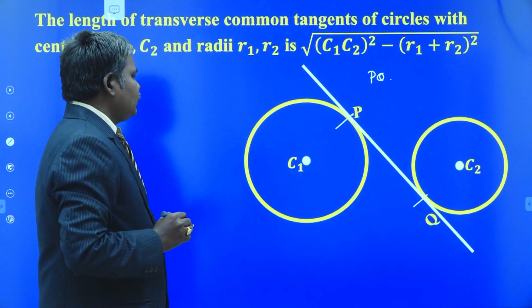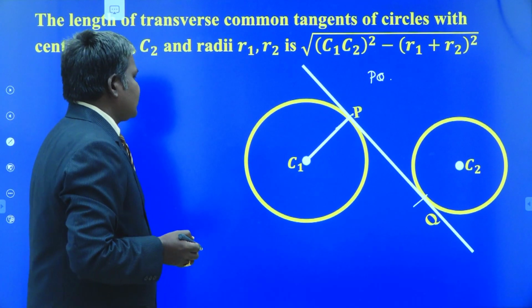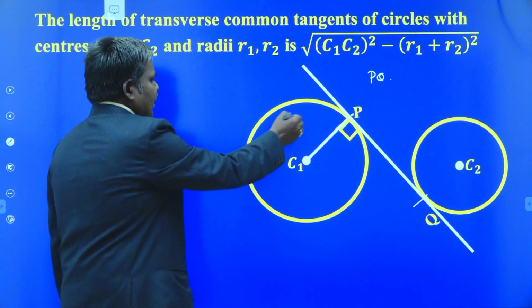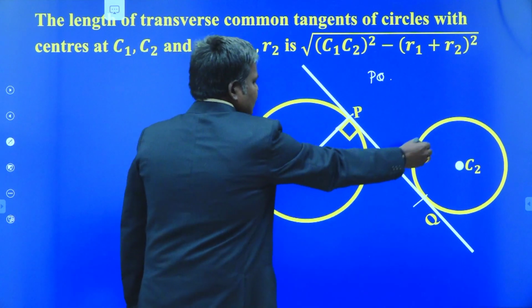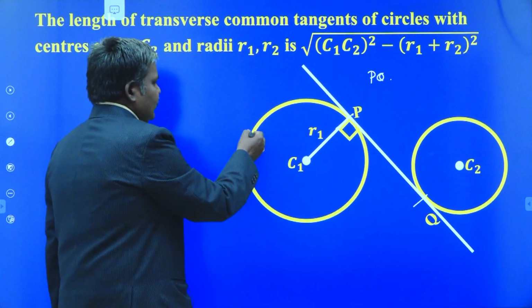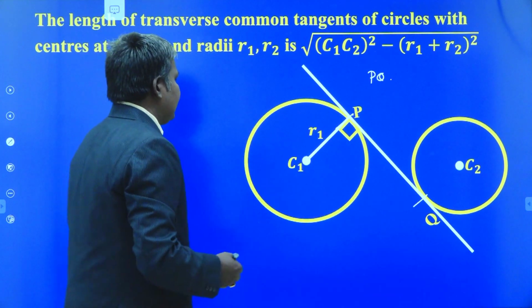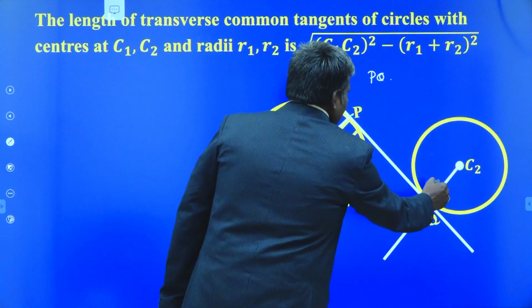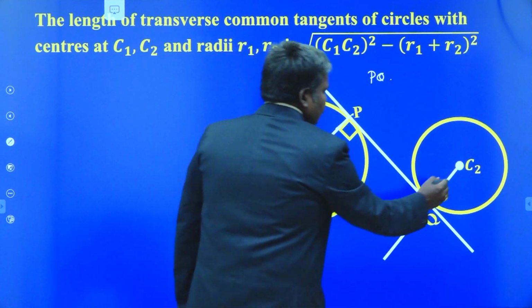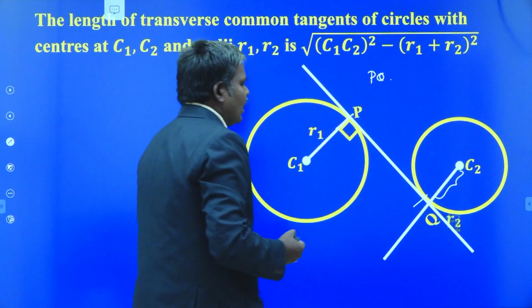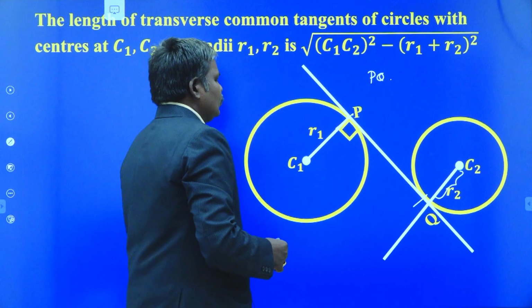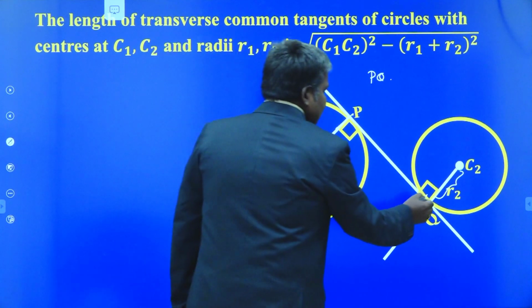Understand? So this is the radius of the first circle, R1 units, and the corresponding angle here is 90 degrees. Similarly, this is the radius of the second circle, R2, and I am drawing the line from C2 in this manner, so here the angle is 90 degrees.